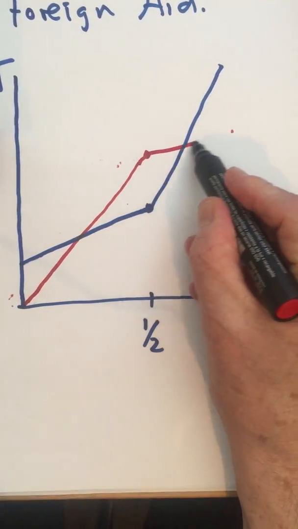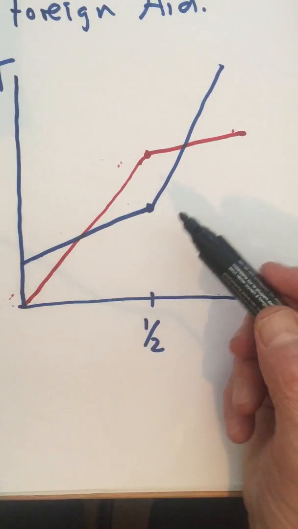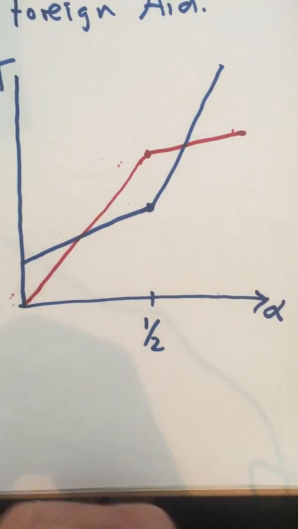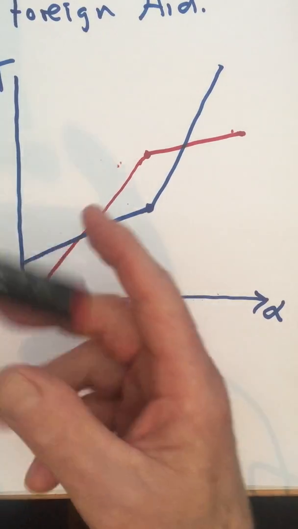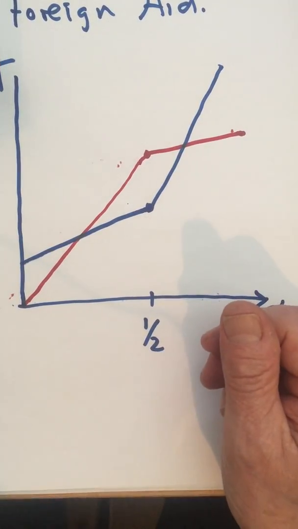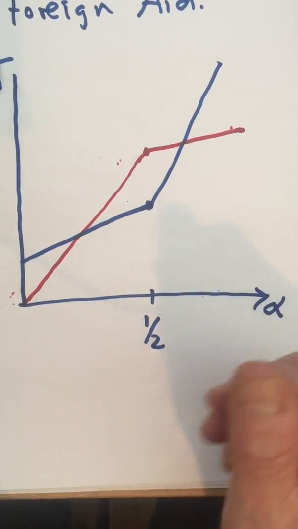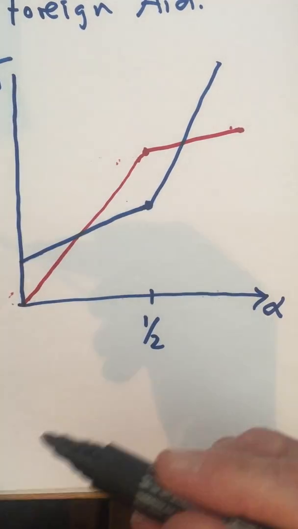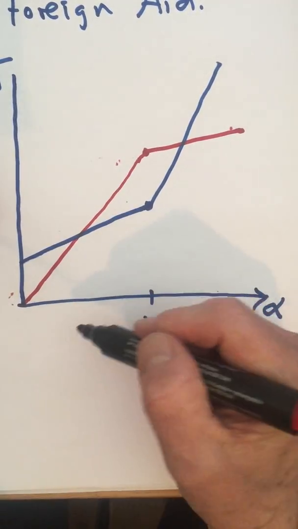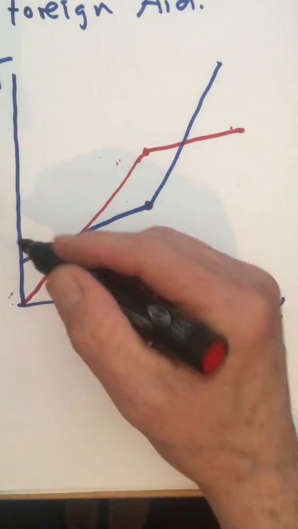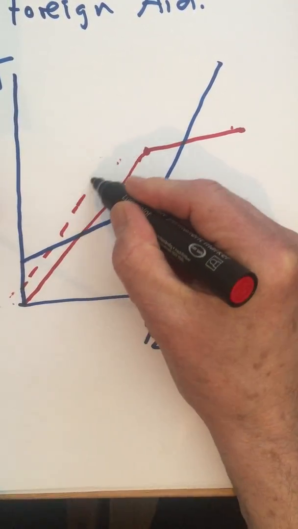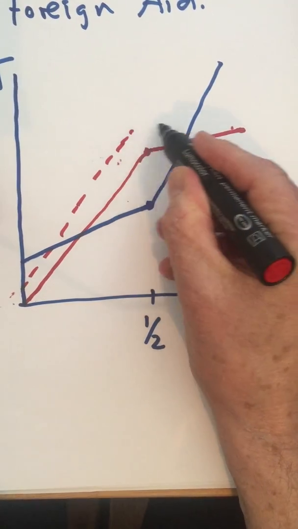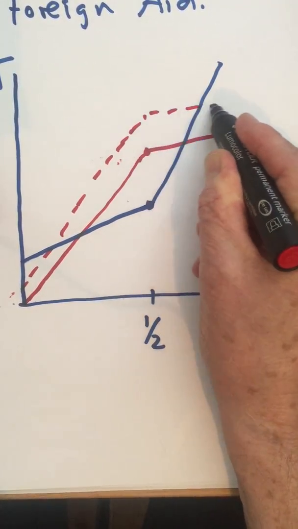So if this is the case, we are just drawing the same set of curves that we had before. If this is the case that we have basically bad institutions, what does that mean when you pour in foreign aid? Well, in that case, you just lift up the curve for the parasites.